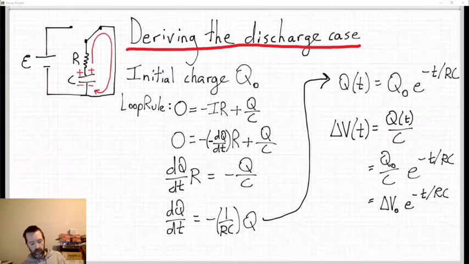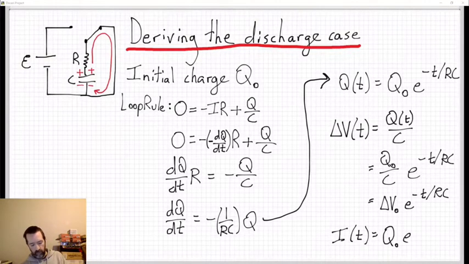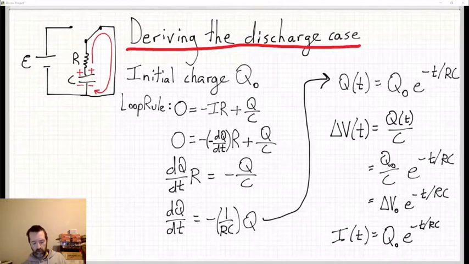If I was interested in the current as a function of time, I can get the current by taking the derivative of q. So if I take the derivative of q, q naught is still going to be there, e to the negative t over RC, and then in the chain rule, I get the negative 1 over RC.